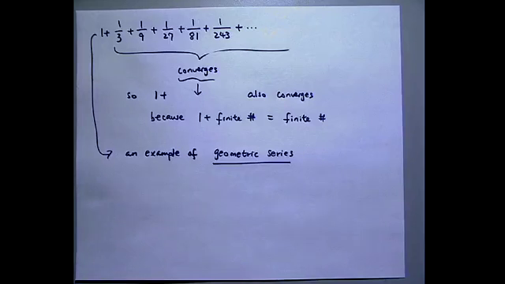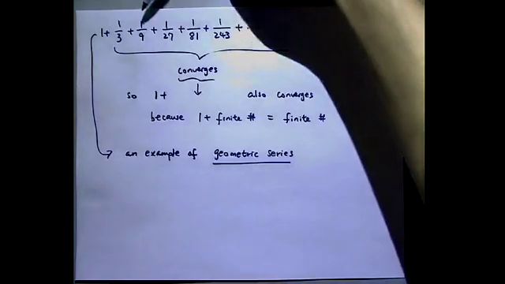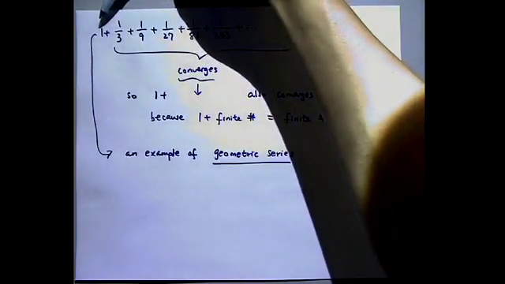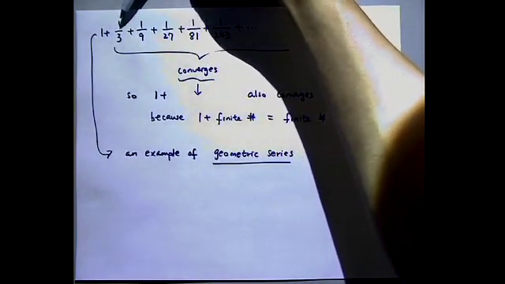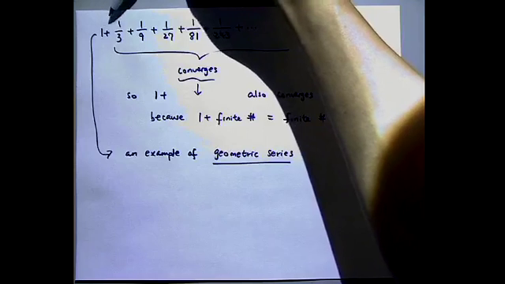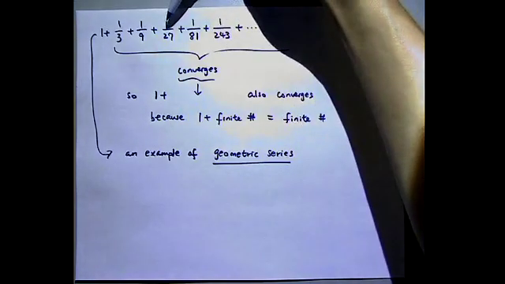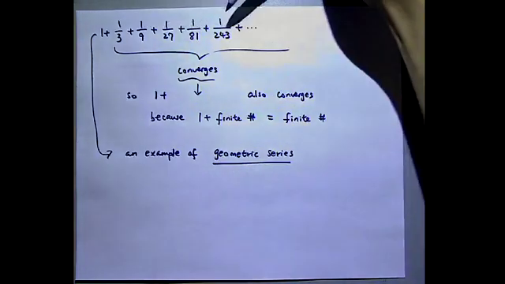A geometric series has a fixed ratio between terms. So to go from 1 to 1 over 3, the ratio is 1 over 3. Another ratio of 1 over 3, 1 over 3, 1 over 3, and so on and so on.